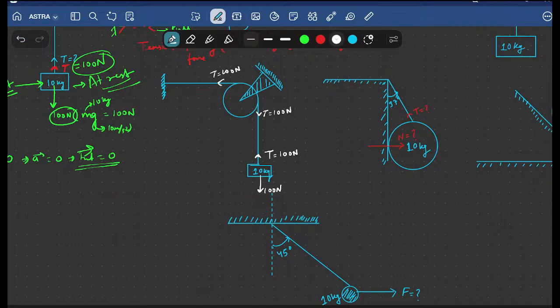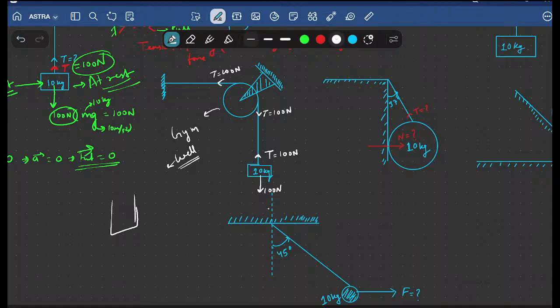Now you must be thinking that these two are the same thread and this is a pulley. Do you understand what a pulley is? You must have seen it in a gym. There are many machines, weightlifting devices, where you have seen the pulley. Or the simplest example, if you belong to rural areas, where we take water from a well, there is a pulley-like system.